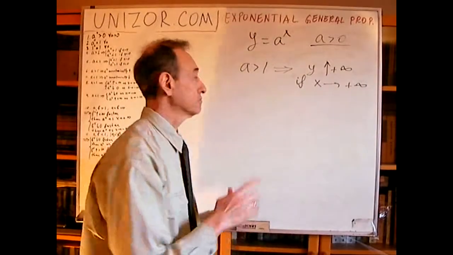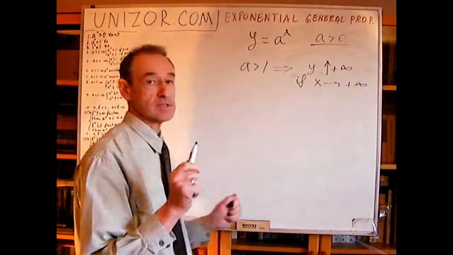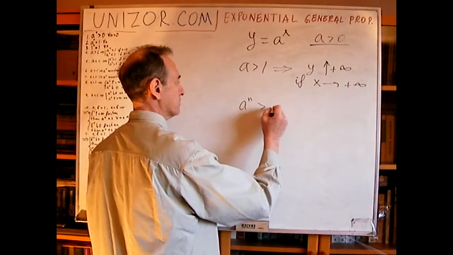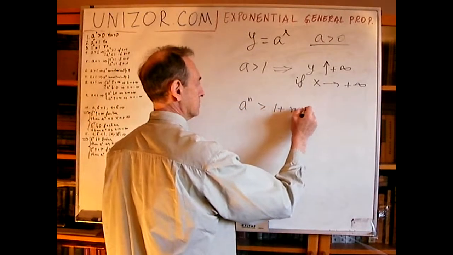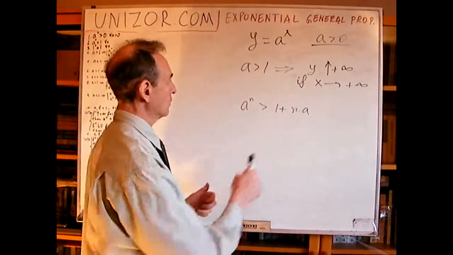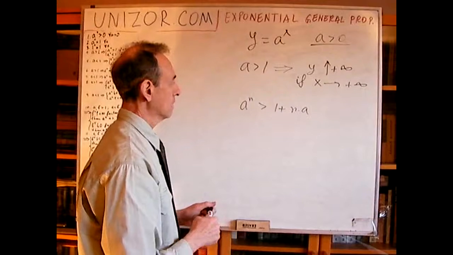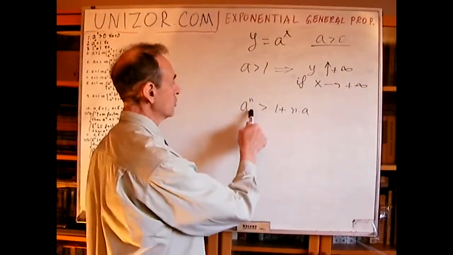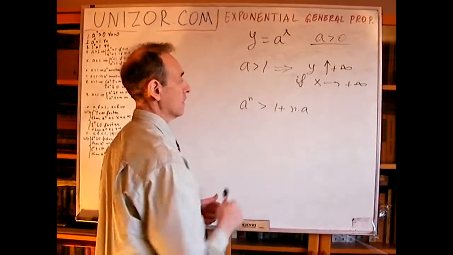How to prove it? Very easy. We actually did something very useful. You remember, I've proven this just before, a couple of minutes before. For a greater than 1, if you are raising it to the power of n, you will get the value greater than this one.